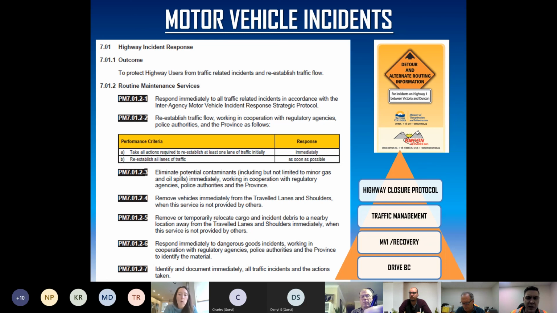Typically in motor vehicle incidents, there's an investigation stage that usually has to take place by the RCMP, so it's in our best interest to ensure that their site is protected and they're able to do their job. If we can facilitate movement of traffic, be it single lane around the site, we'll do that, but only at the discretion of the RCMP. And as soon as we can, we'll open that highway as quickly and as safely as possible.